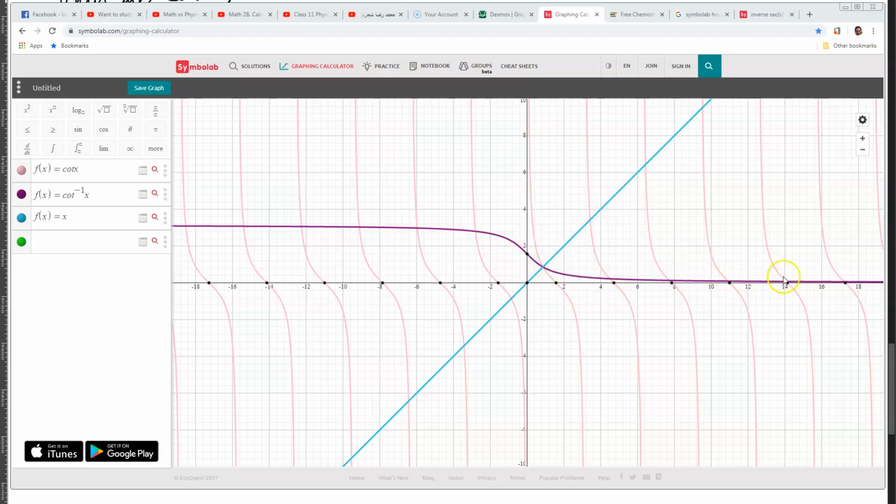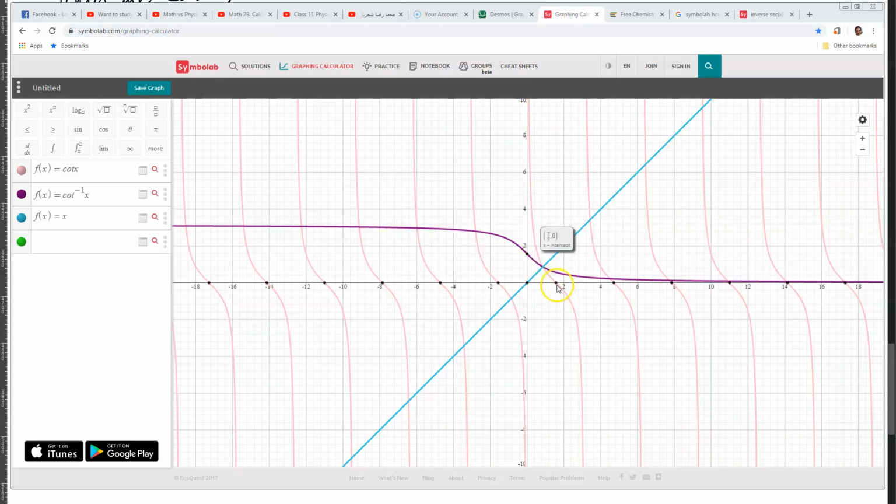And so this part of the function that goes towards positive x's is actually the mirror of this part of the function that goes towards the positive y's, right?